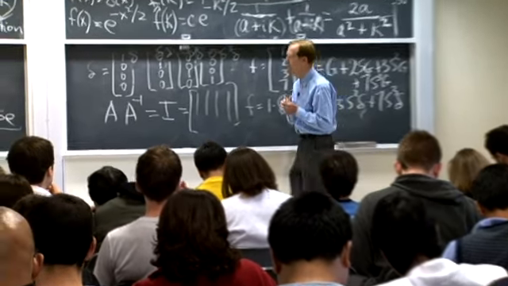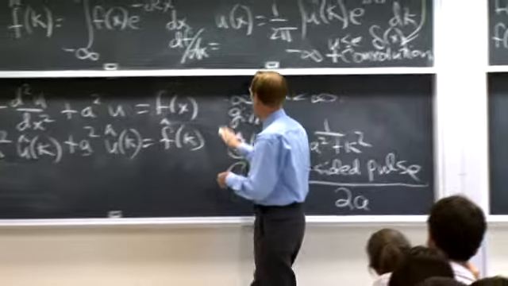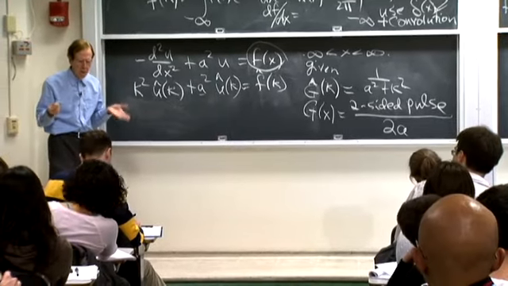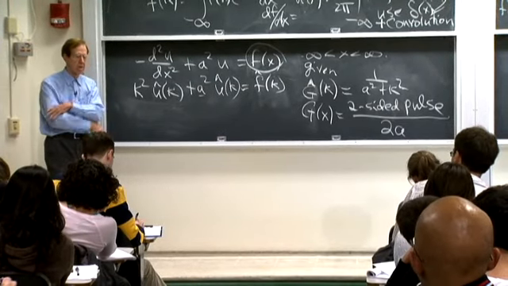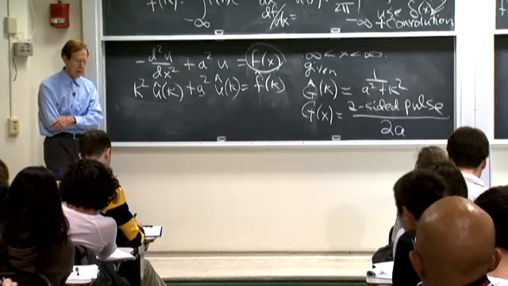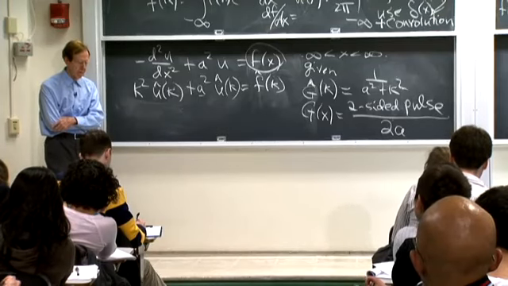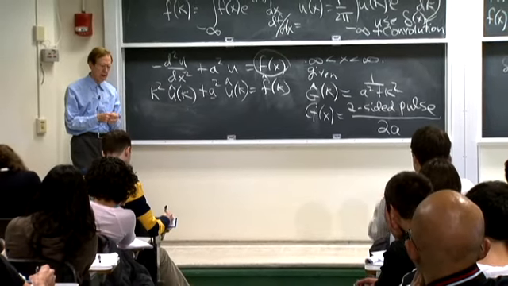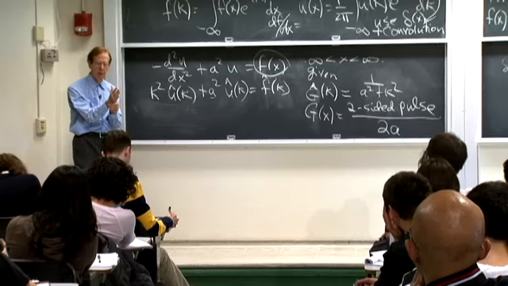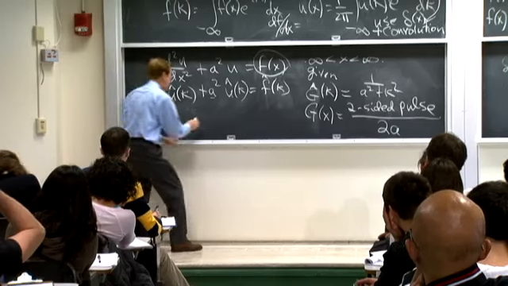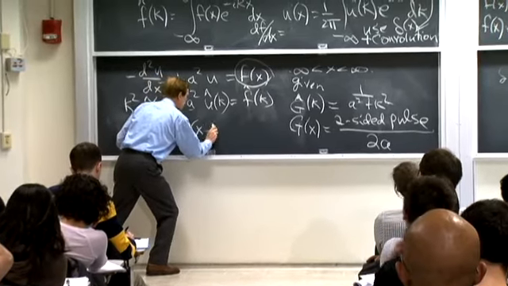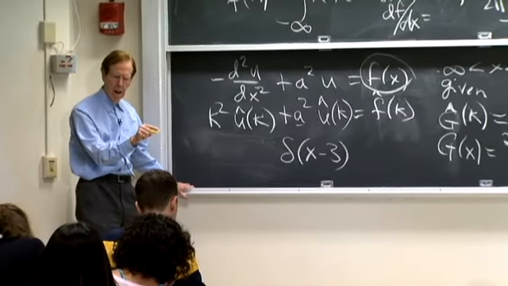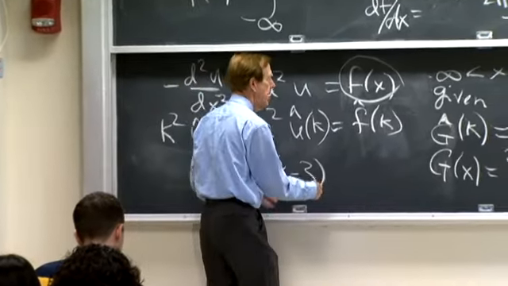All right, now back here. In what way is f of x a combination of deltas? Let me slow down a moment just to see that point. How much of delta of x minus 3, the spike at x equals 3, do I need in f of x?